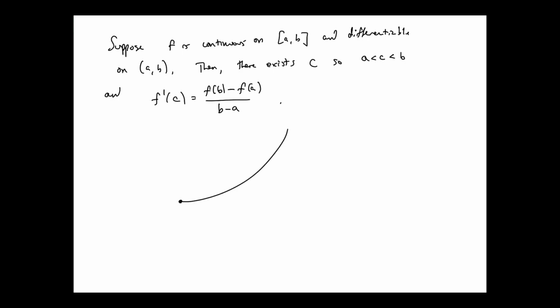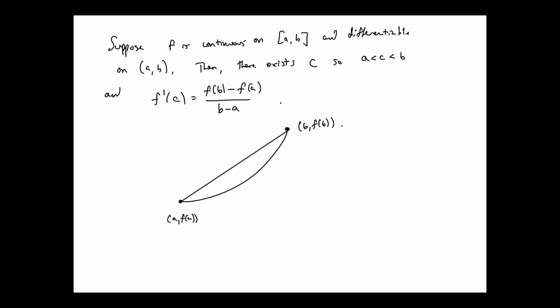Okay, and let me say that this is a, f of a, and this point up here is b, f of b. Can I connect those with a straight line? Okay, and using the magic of the iPad, I actually get a pretty decent looking straight line.